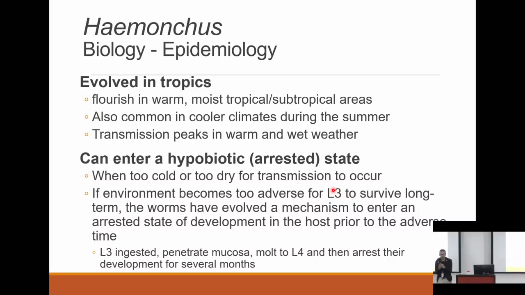So he has to stop his stage conversion to go into hypobiosis, and then once the conditions are favorable, they come out and change their stage. So this is the concept of the hypobiotic state. And keep in mind, always L4 is the stage where this parasite goes into hypobiosis.